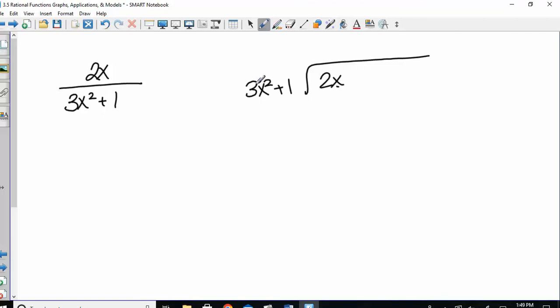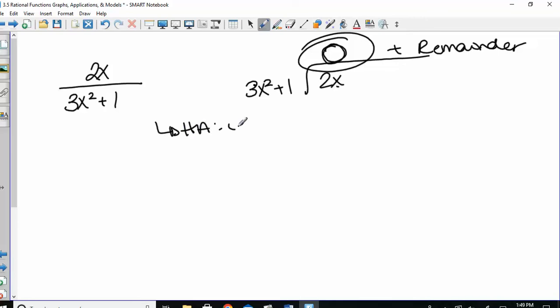Can you do 2x and divide by 3x squared? Can you do 3x squared times something and get a 2x? No, we would have to have a fraction. So our quotient is 0 because it doesn't go in evenly, and then you would have your remainder, right? But the quotient is our horizontal asymptote. So in this case, your horizontal asymptote is y equals 0 because you couldn't divide them. The degree on top is too small.